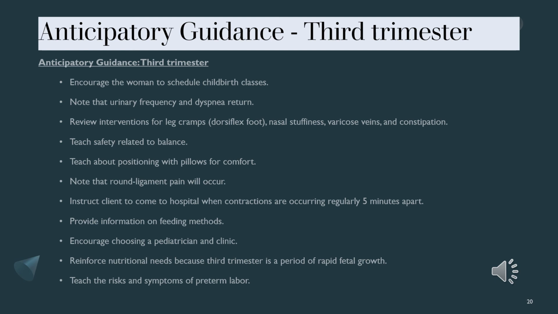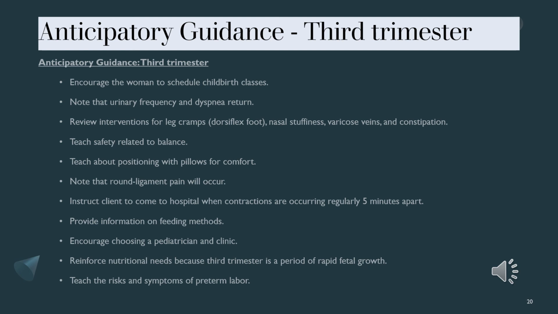Everything gets squished up, right? Things get squished up and down for that uterus. So I'm going to have more shortness of breath. Things that are normal during this time are leg cramps, nasal stuffiness, developing varicose veins, and constipation. So we need to do some teaching about those things.